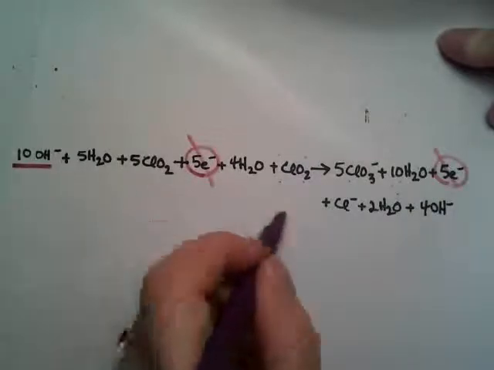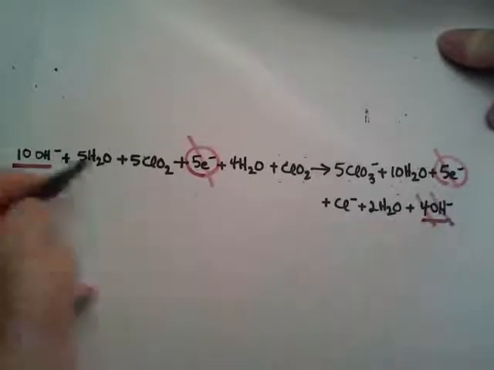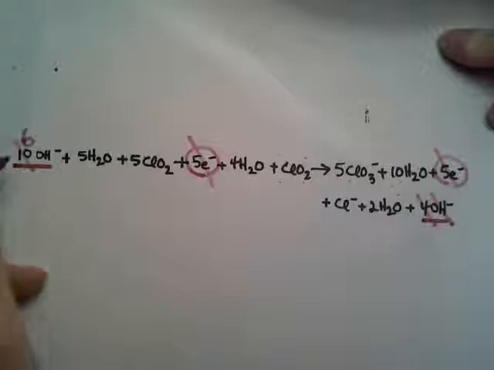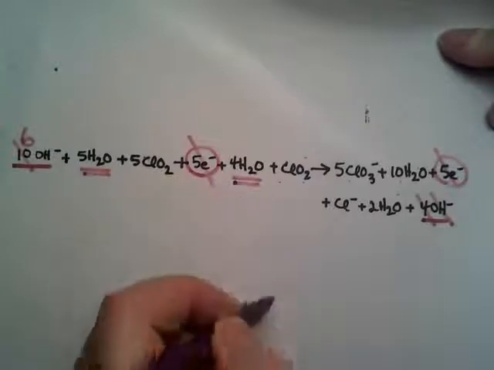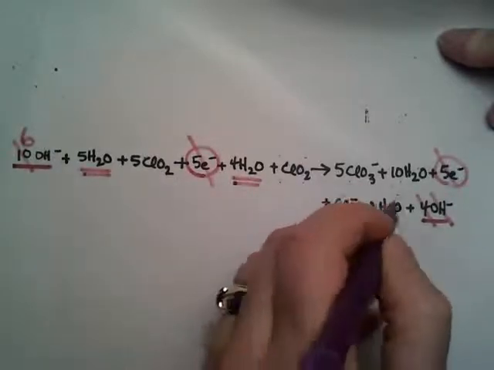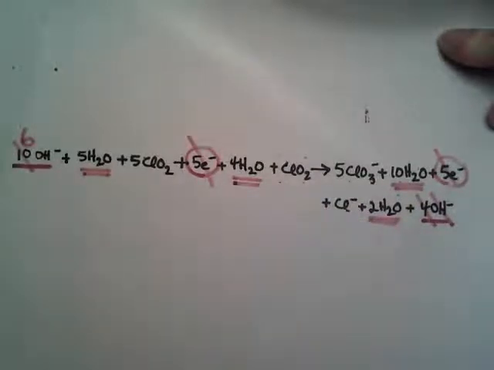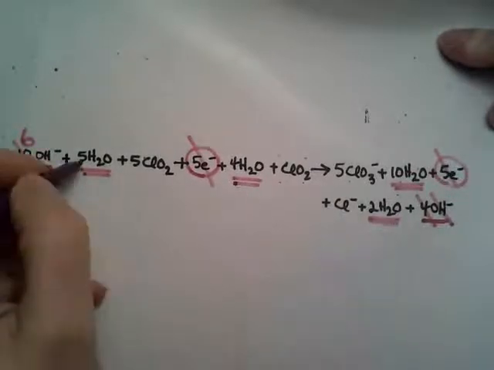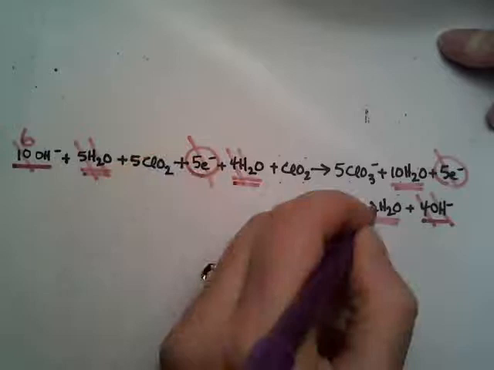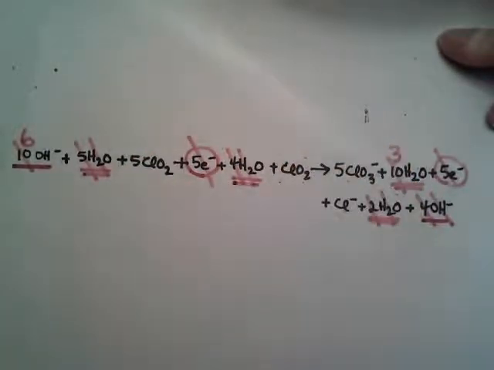Hydroxides, I have 10 and 4, so let's get rid of these and change this to a 6. I have 5 water and 4 water, and on this side I have 10 and 2 is 12. So I have 9 over here and 12. So these will all go, and this will be left with 3.